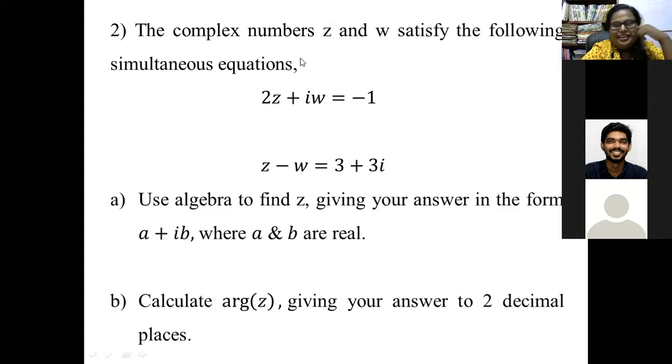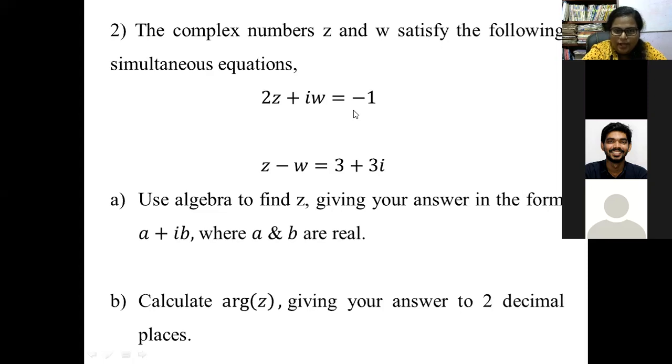Okay, let me explain this one here. The complex numbers Z and W satisfy the following simultaneous equations. You have discussed simultaneous equations in your previous lessons, but you dealt with real numbers.